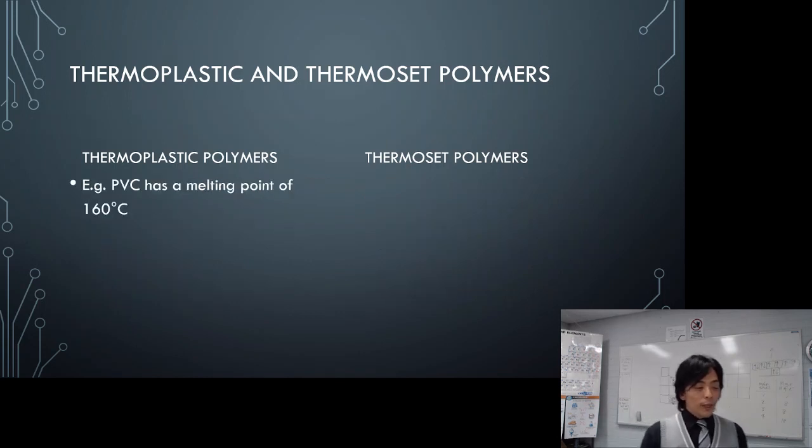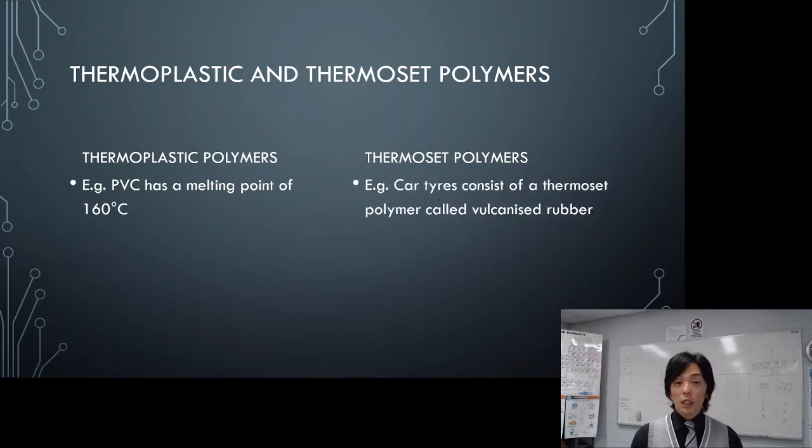For example, thermoplastic, PVC. PVC pipes are a very good example. It's very easy to mold. You just have to heat it. You can even do that with a heat gun in your garage. Whereas a thermoset polymer can be something like car tires. It's rubber.